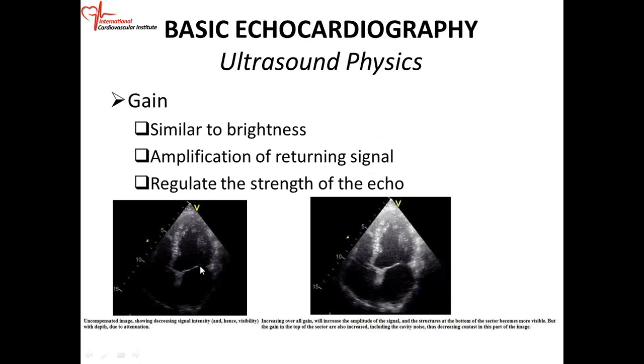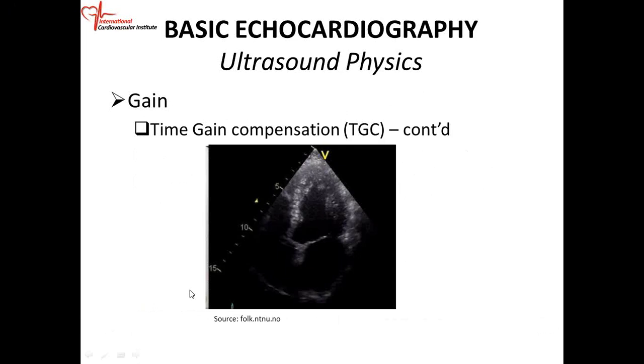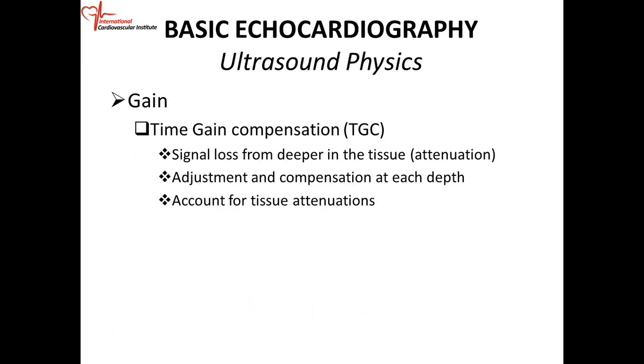Whereas you could just adjust the TGC to just improve these distal structures. Okay, so the time gain compensation addresses the signal loss from deeper in the tissue because of attenuation. Remember, deep structures, you're going to have signal loss because of attenuation.